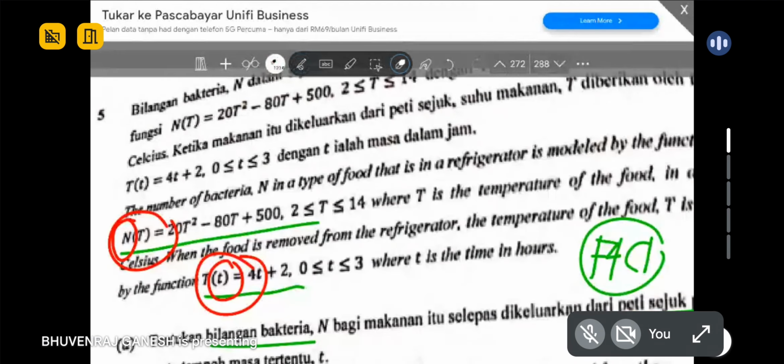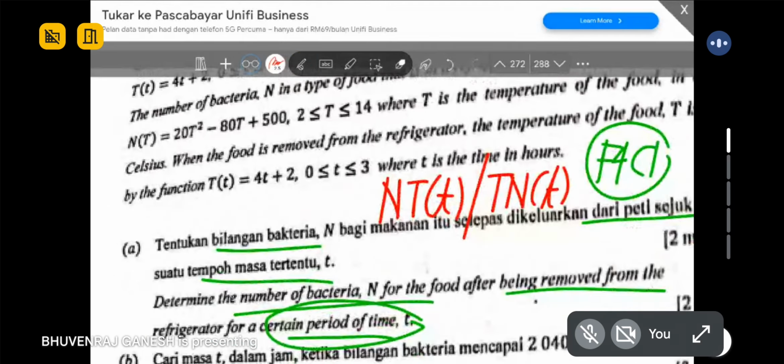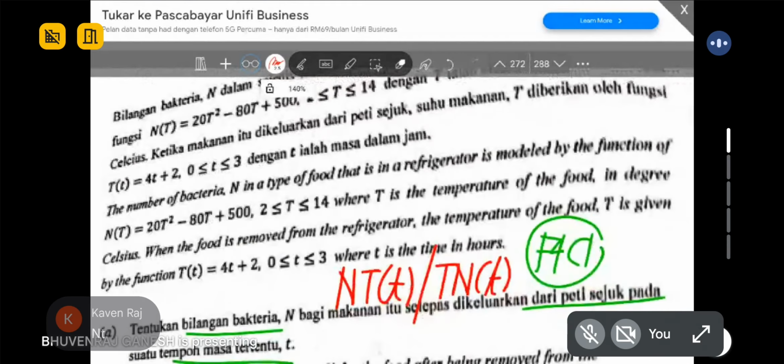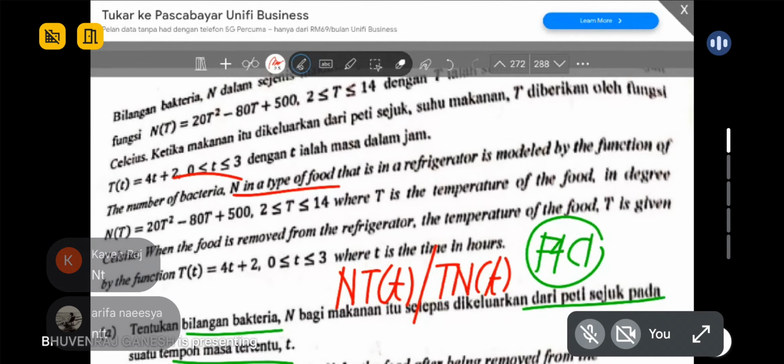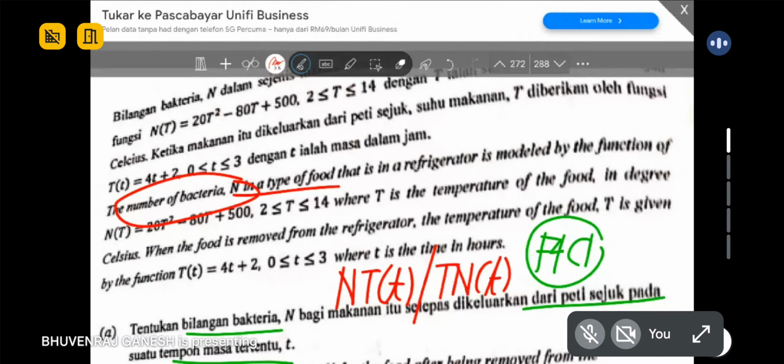So is the answer going to be N(T(t)) or T(N(t))? Which one is the correct one? Mana yang betul untuk soalan A? You guys must think and see lah. So N is the number of bacteria, bilangan bacteria, and then T is temperature, suhu.